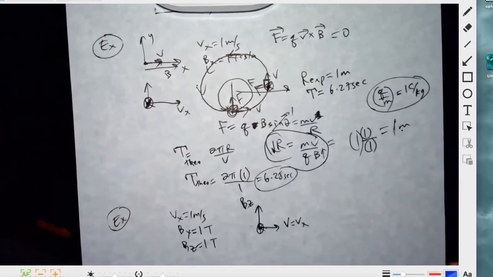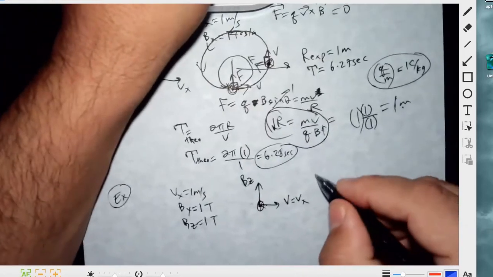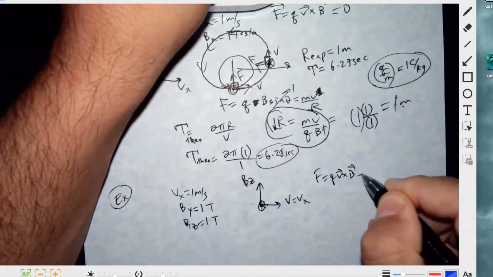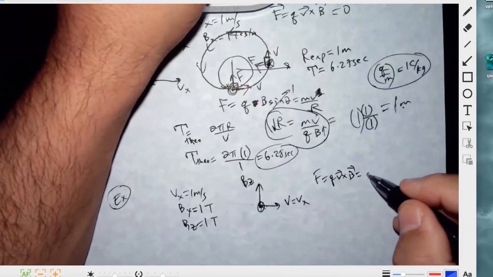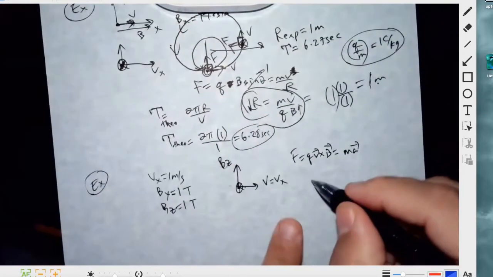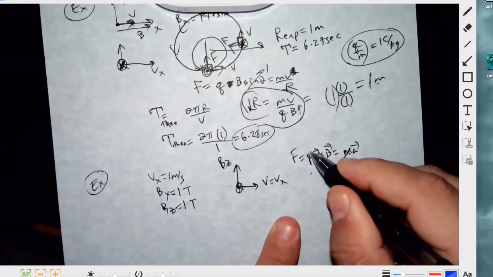So how would you do the general cross product here? F is equal to Q V crossed into B. You would say equals MA, right? So then the Q over M ratio is just 1, so that's gone.